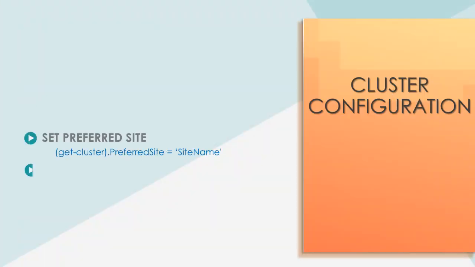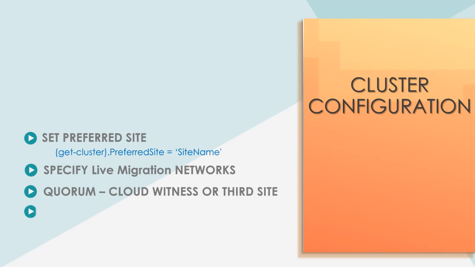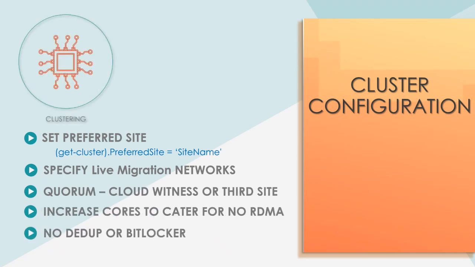Now to cluster configuration. We recommend setting a preferred site at the cluster level for all active-passive configurations, to ensure this site is home for all volumes and VMs when the cluster is first started, or if network issues have occurred disconnecting the two sites.